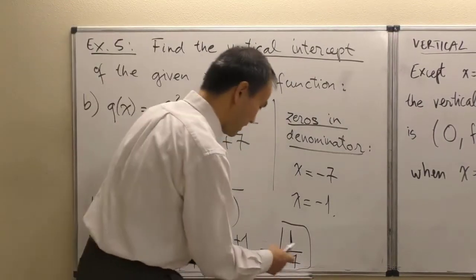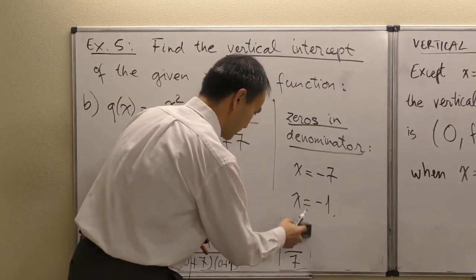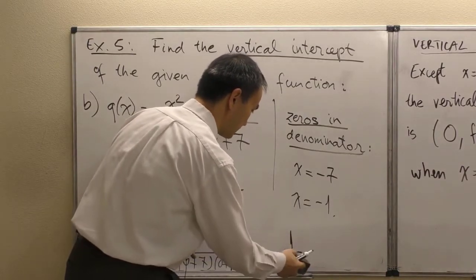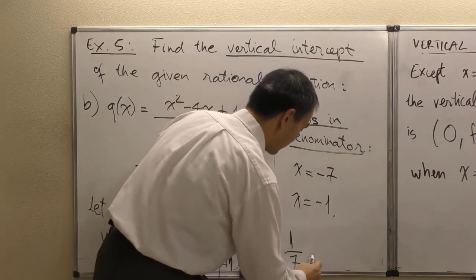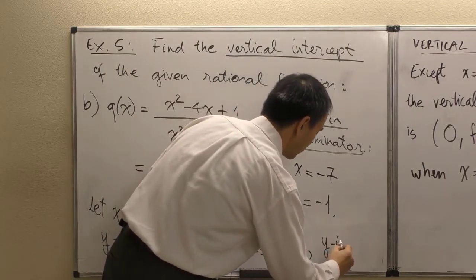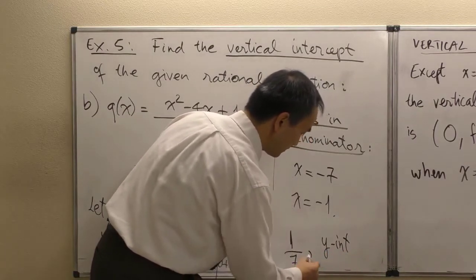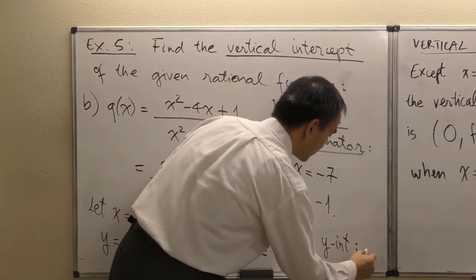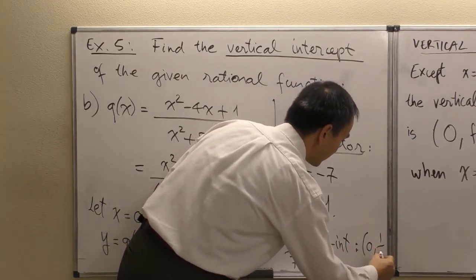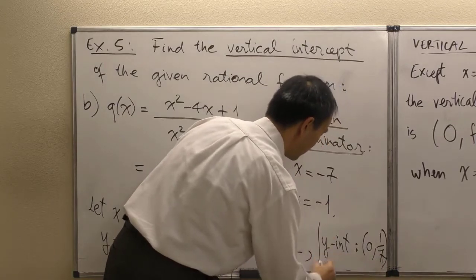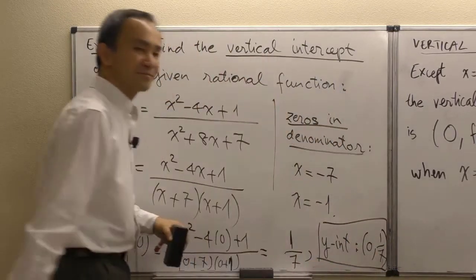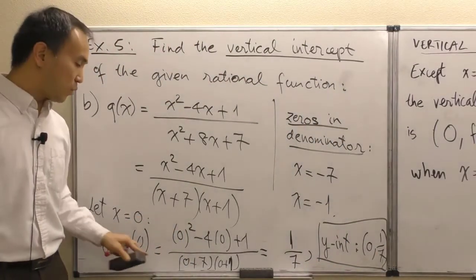Formally, I can put the final answer as y-intercept is at 0 for x, comma 1/7 for y. That's the y-intercept that we have found.